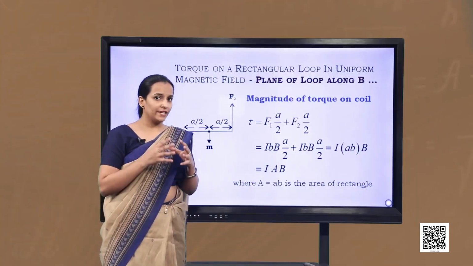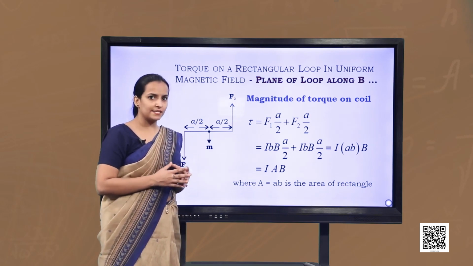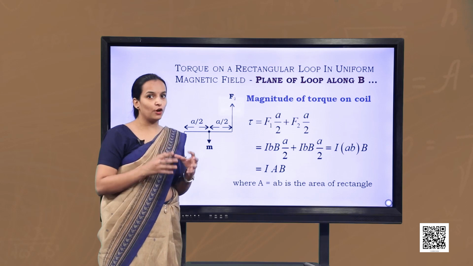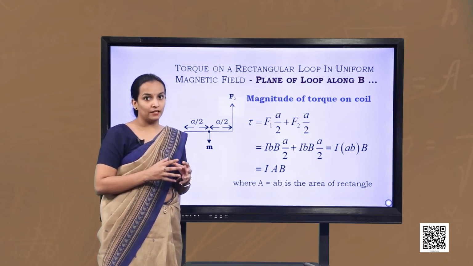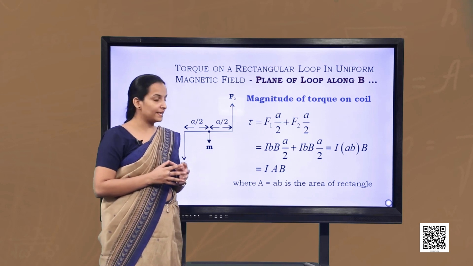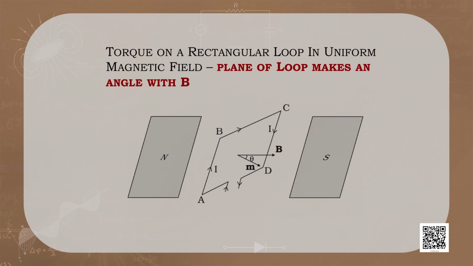So now we have the expression of the torque experienced by the rectangular loop placed such that the uniform magnetic field B is in the plane of the loop, and the normal of the coil makes an angle of 90° with the magnetic field. Further, we will take the case where the plane of the loop is not along the magnetic field, rather it makes an angle with it.